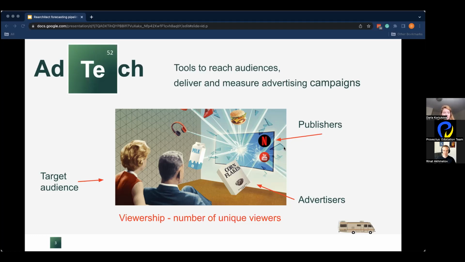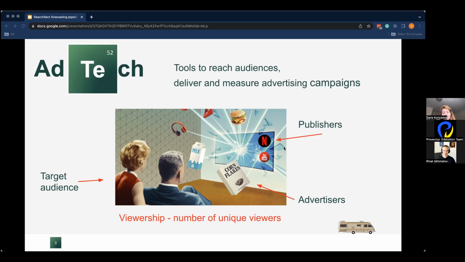The target audience are just simple people like we are, and we are watching some of the content that publishers produce. Usually publishers are some streaming companies like YouTube, Netflix. It can be TV programs, TV channels. It can be even some purely digital newspapers, wherever the content is published.